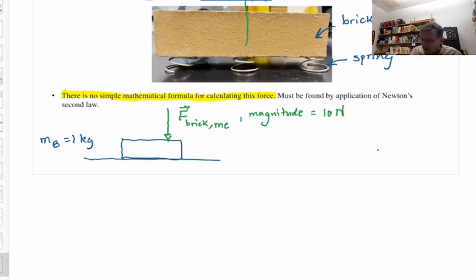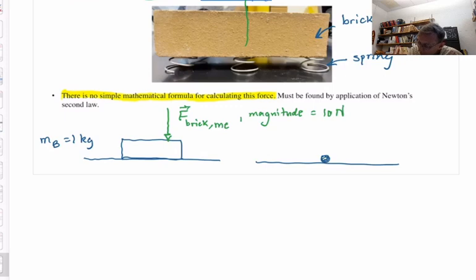Okay, so we are asked to find the magnitude of the normal force. Let's draw a complete free body diagram. Represent the object as a particle. There's the brick. And draw all the forces acting on it. There's my downward force, right? Oh, it erased on me, pardon me. There's the brick.